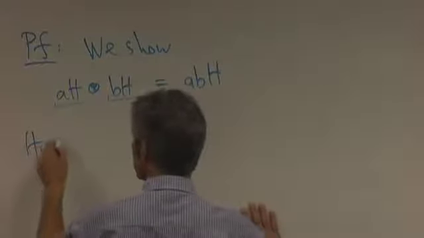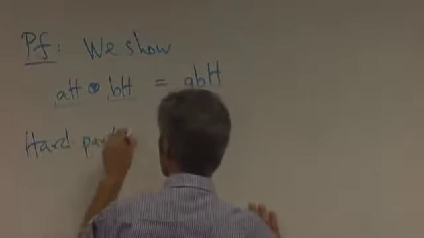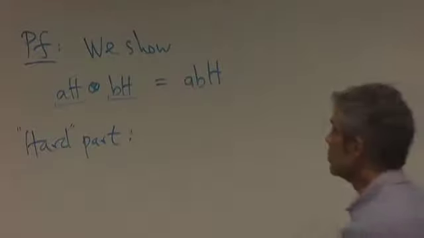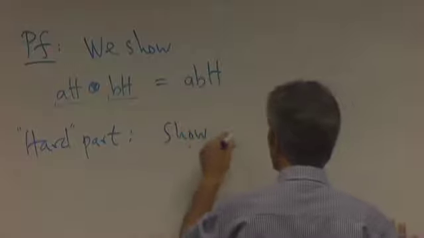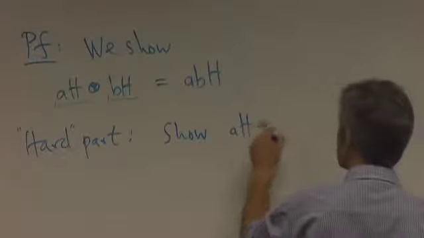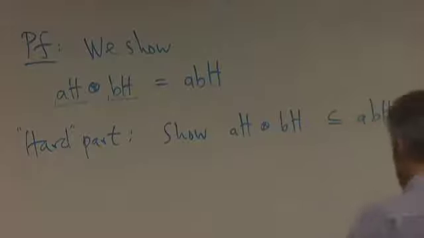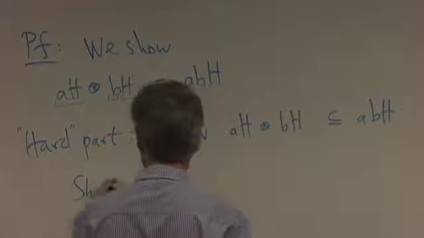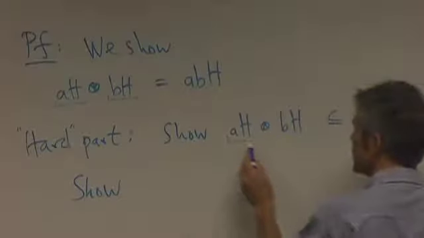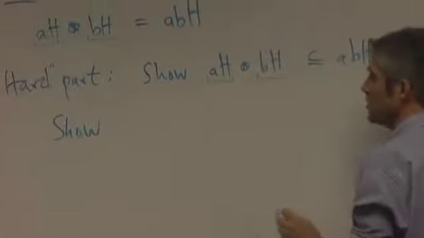To do it, here's the hard part. The other part will be easy. Hard part meaning here's the part that actually requires the subgroup to be normal. We'll show that if you do set products, you get something that's always inside that left coset. So here's what we have to do. In other words, we show, well, let's see, what does a generic element inside the set product of that left coset with that left coset look like?